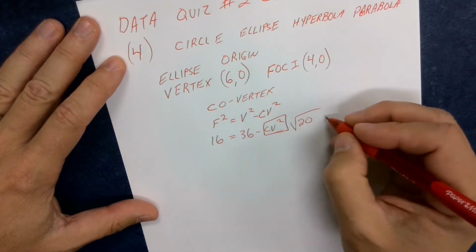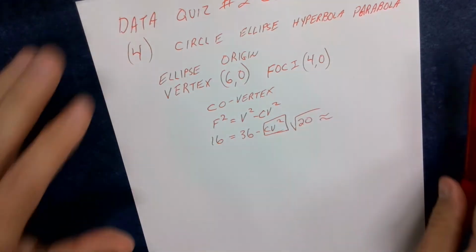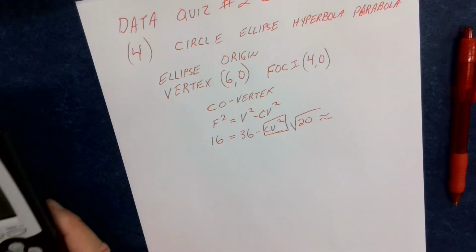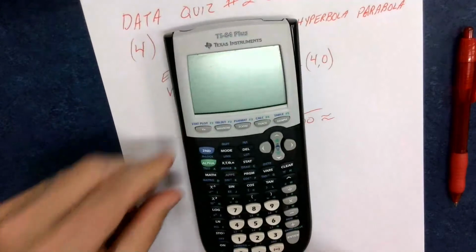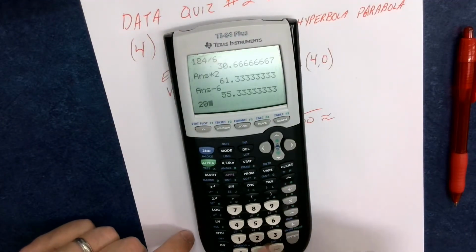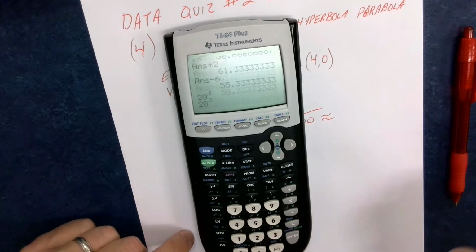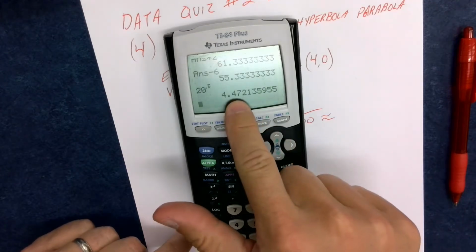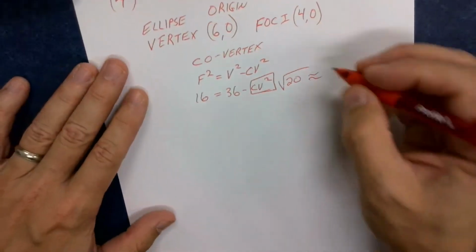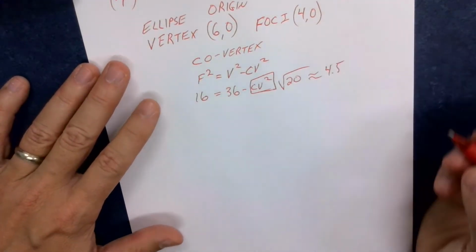So if I square root 20, I'll pull out my handy dandy little calculator here, and put it on there so you guys can see it too. 20 raised to the 1/2 power. That's another way you can do square roots. So I got 4.47, and you can treat that as approximately 4.5.